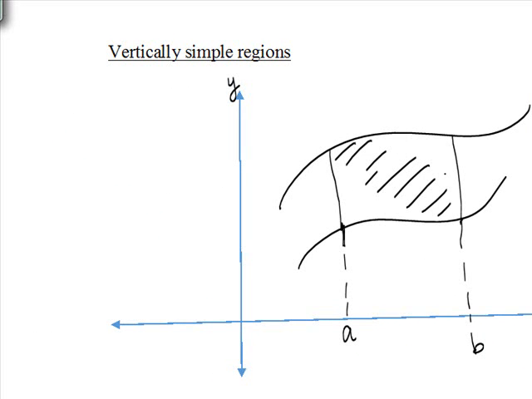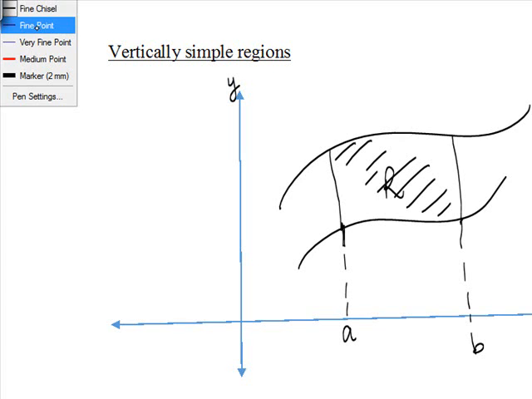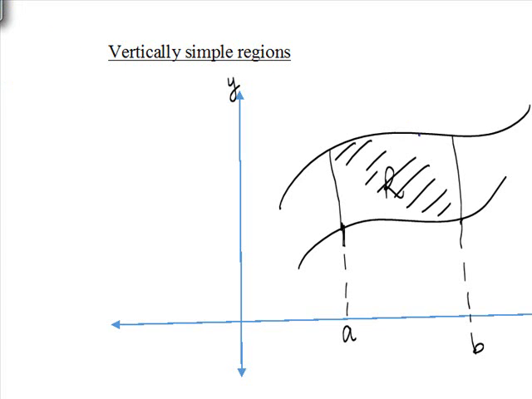So suppose that the surface that you are looking at, the function, lies above this region. Let us call it R. I want you to take a different color. It's vertically simple, and I want you to just put in a vertical strip like that. What is a vertically simple region?